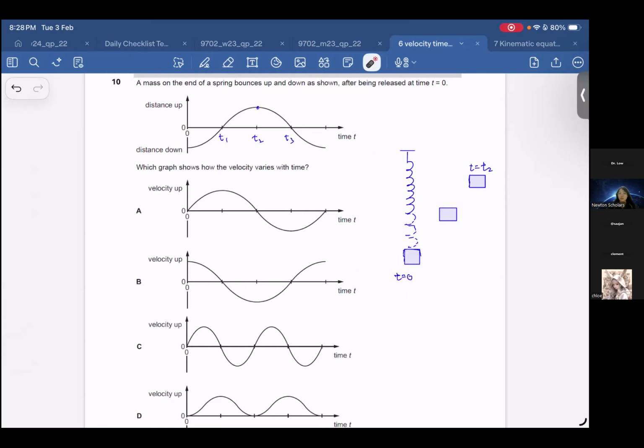Junxiong, yes, correct. Ask yourself, at the lowest position, is the velocity maximum or minimum? Then after that, when it goes to here, should the velocity be maximum or minimum? Then when it goes to the highest position, is your velocity maximum or minimum?